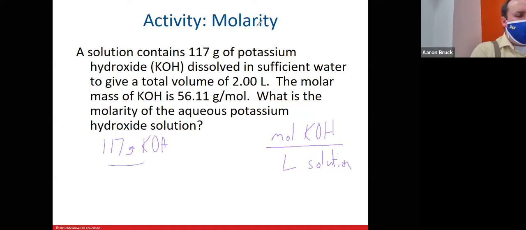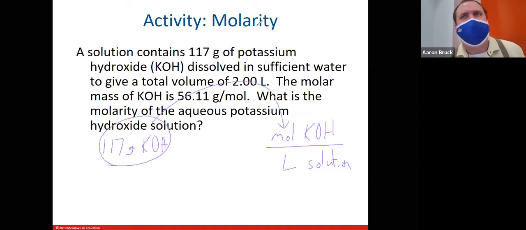So I've got to somehow turn this into moles. And that's where those calculations that we did back in the moles chapter come in handy. I got to turn those into moles. Now, the way to do that is with the molar mass.